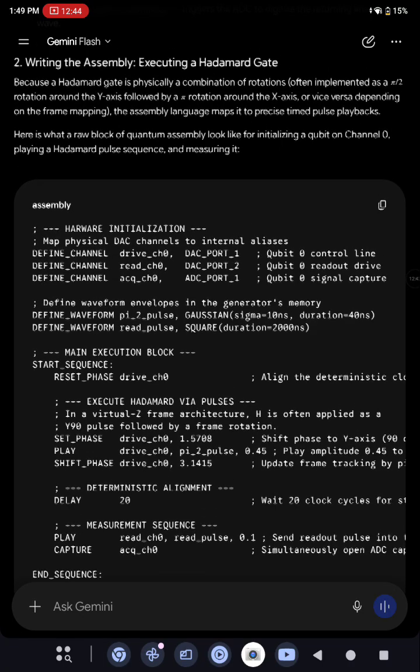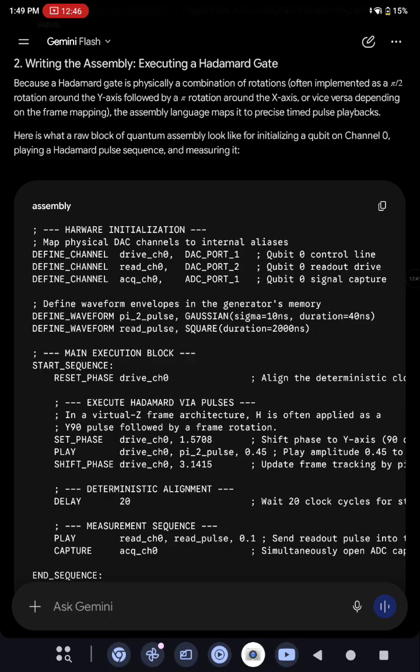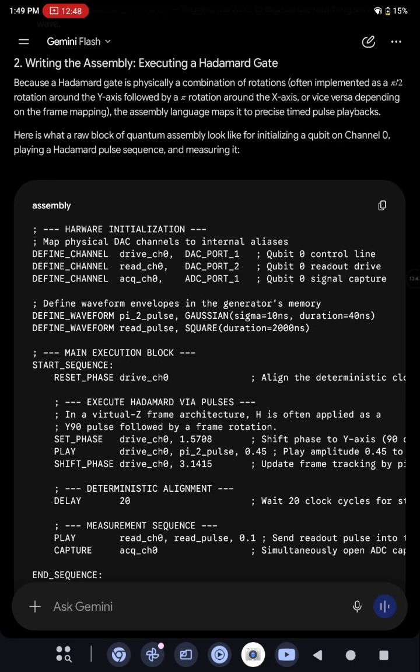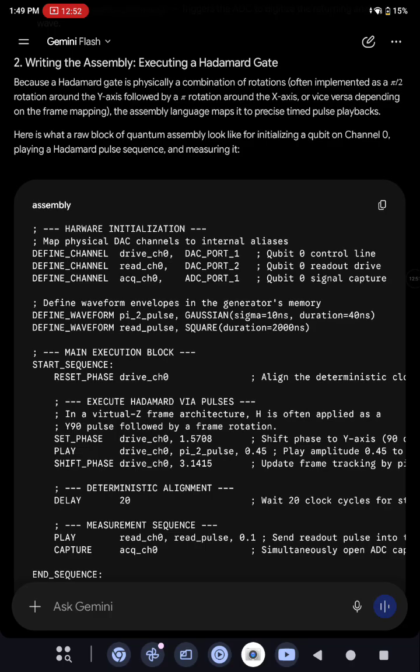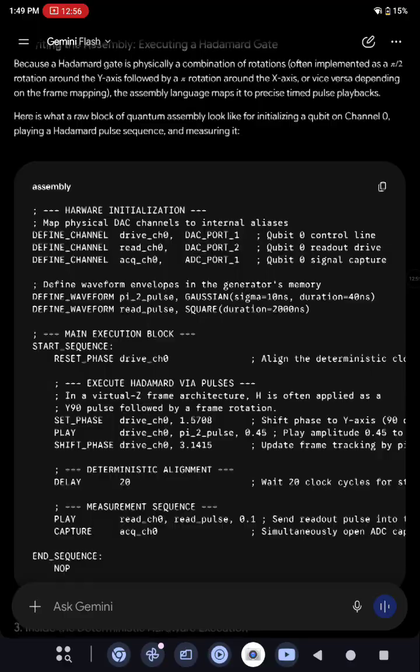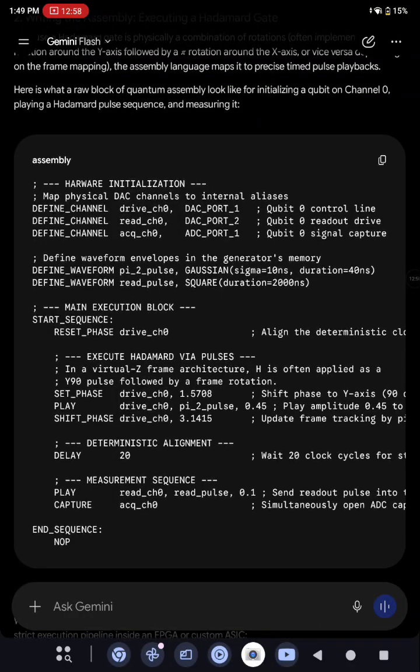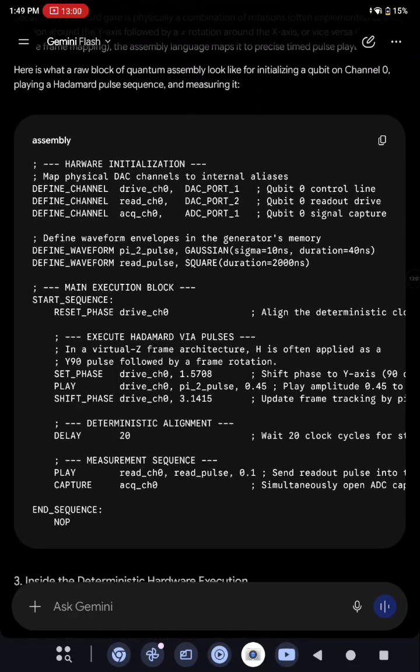The assembly, so that's going back, the way you want to convert state 0 to plus and state 1 to minus. The assembly language maps it to a precise time pulse that plays back.